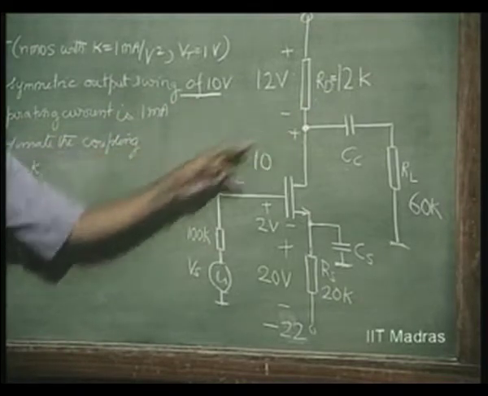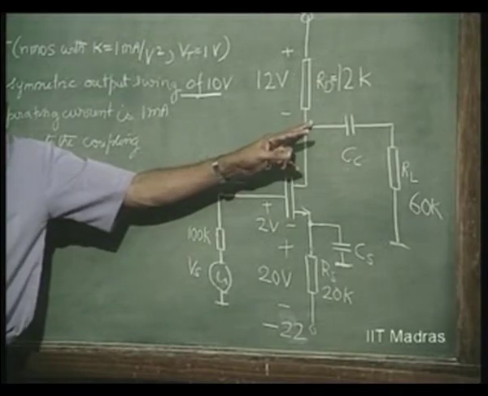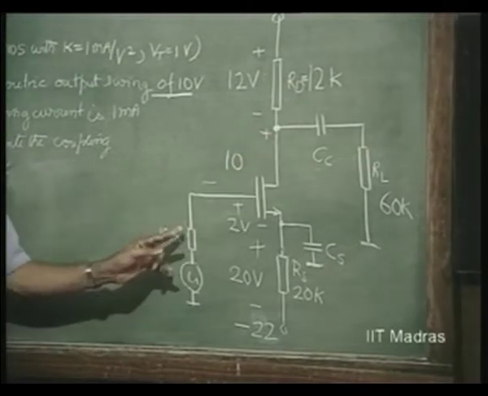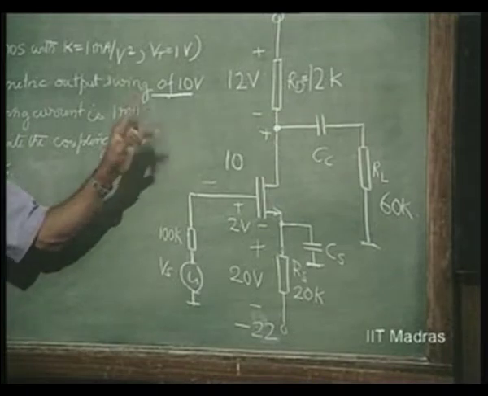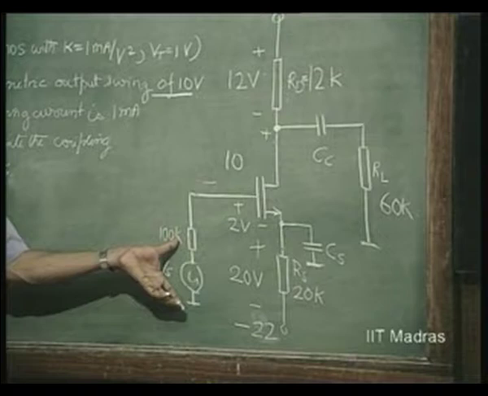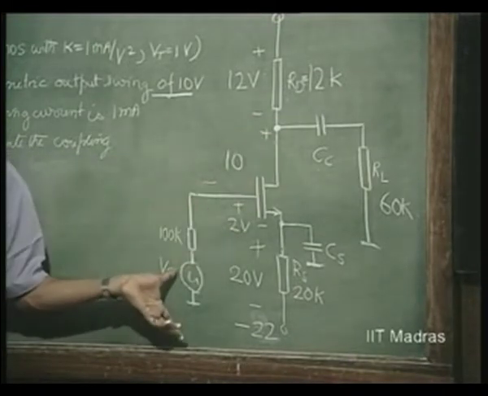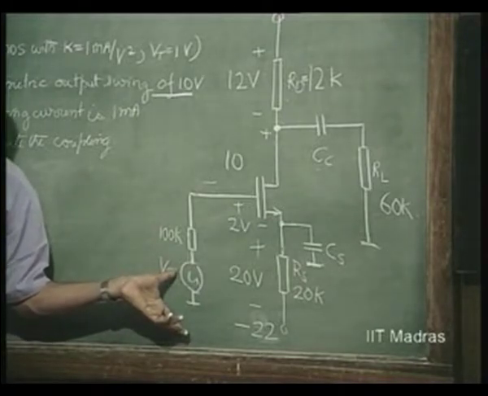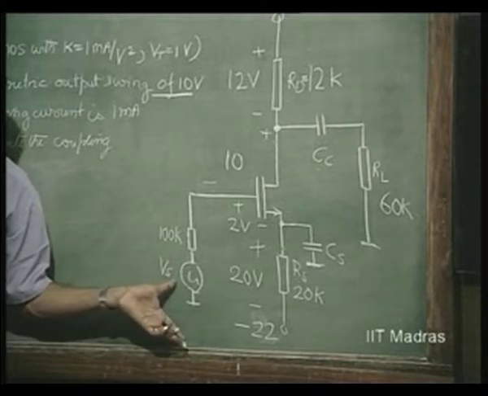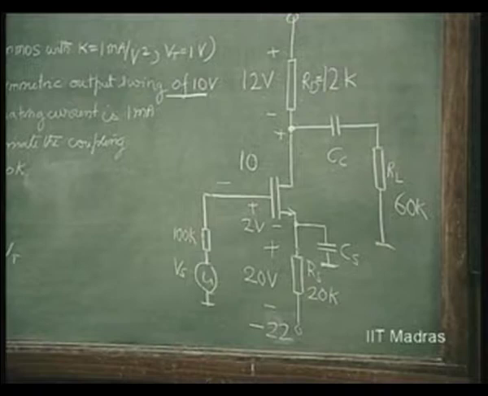Otherwise, VDG is going to be evaluated from the fact that there is a voltage going down here, there is a voltage going up here. So it will be reduced, and therefore this particular thing is so small compared to the output swing that we can neglect this variation. Consider that this is very nearly at ground potential in this case. Is this understood? So we have the voltage gain.